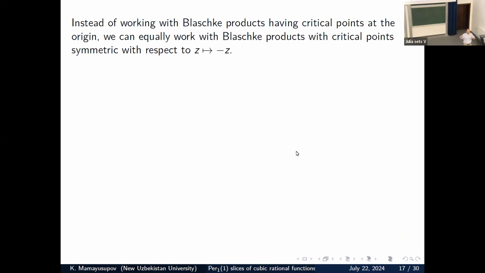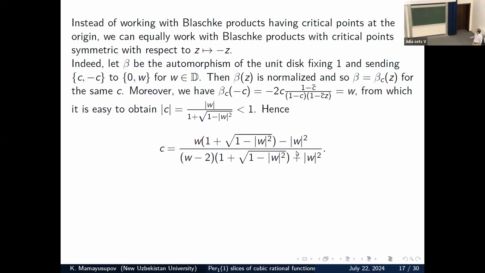You can also send them to symmetric points, yeah, C and minus C. Then you can also find this C explicitly in terms of the critical point.